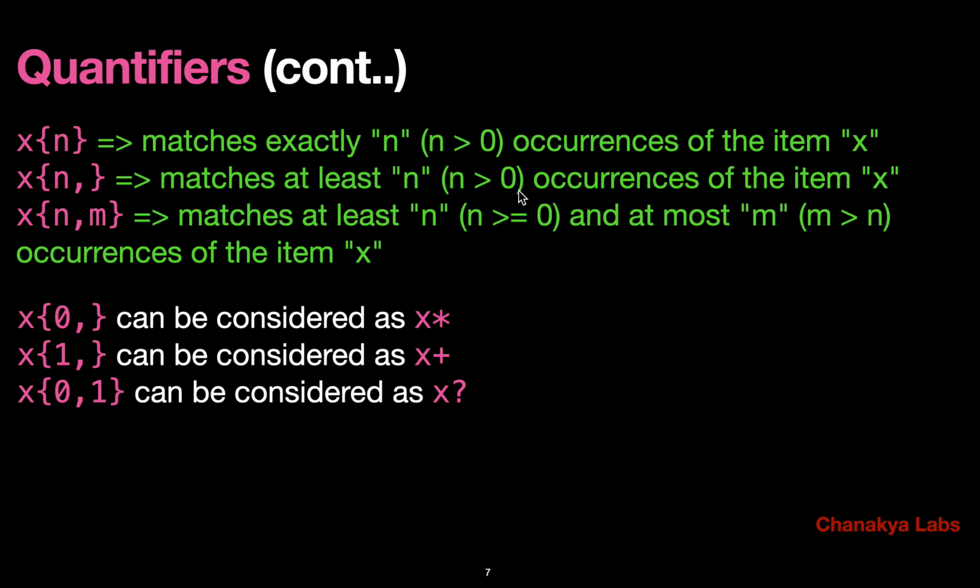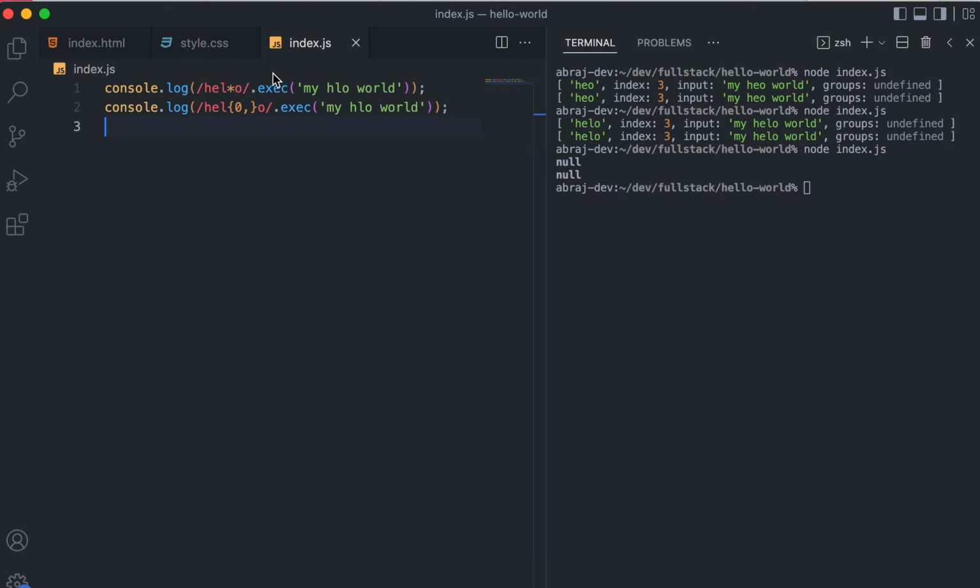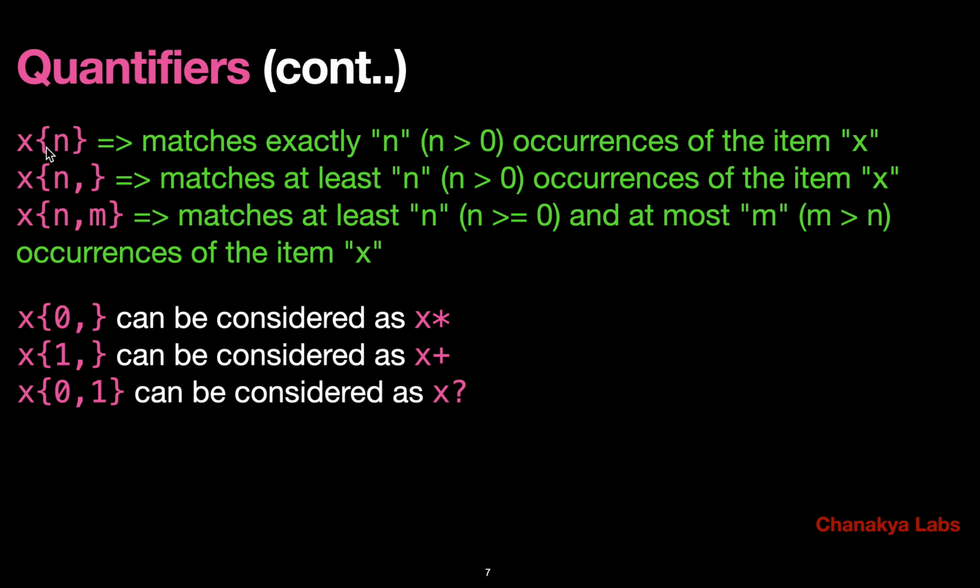There is no point in having exact zero. If you want exactly two L's, that is fine. You want exactly one L, that is fine. If you want exactly zero L, then what is the point? You just remove it. That's why it does not make sense to have zero in exact equality.